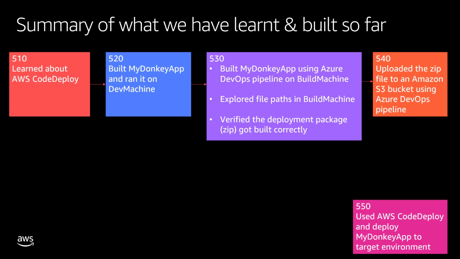So the final thing we need to do is the linking, so that from the time the pipeline gets executed, it uploads to the S3 bucket, the S3 bucket will have that zip file, and AWS CodeDeploy will use that zip file or the recently built artifact to deploy into the environment. So let's see how we can do that.